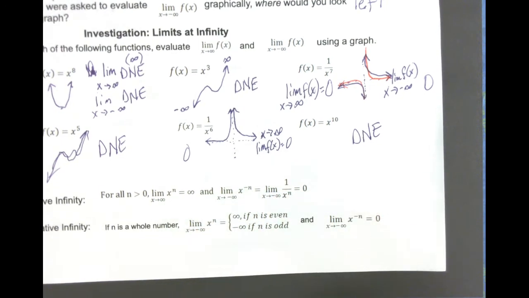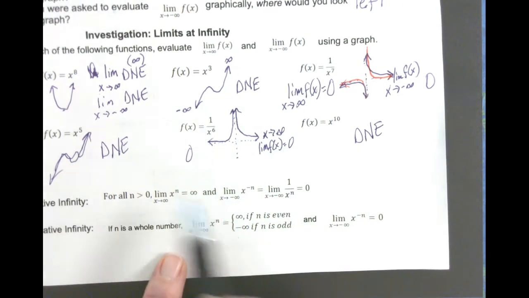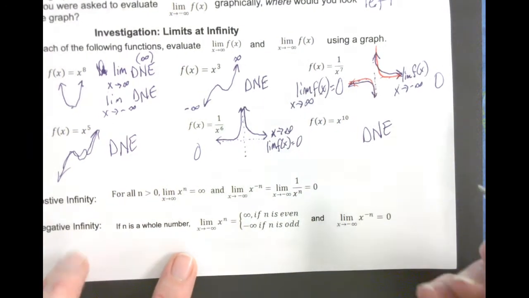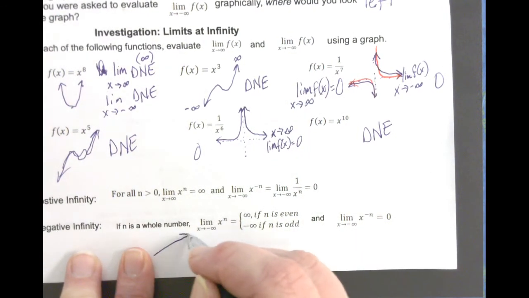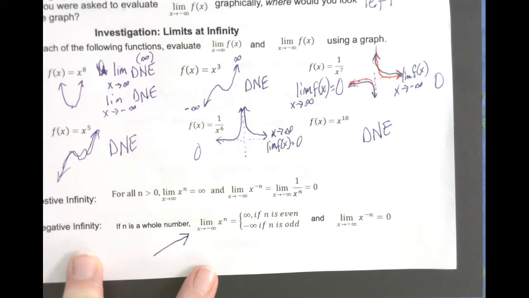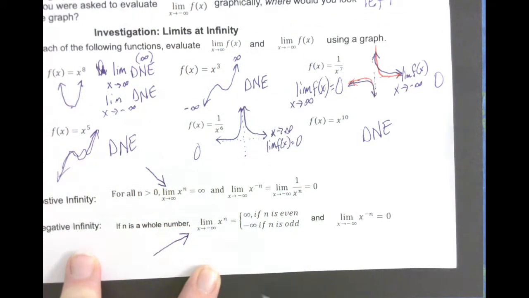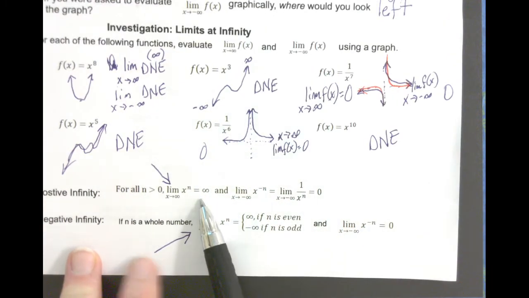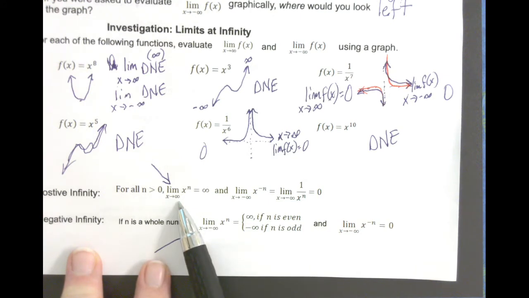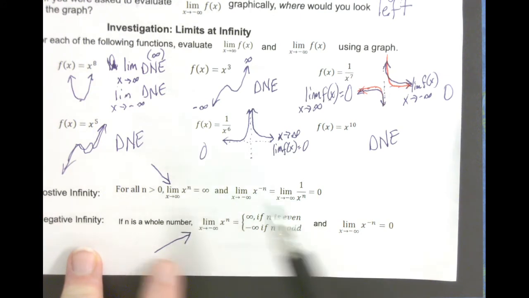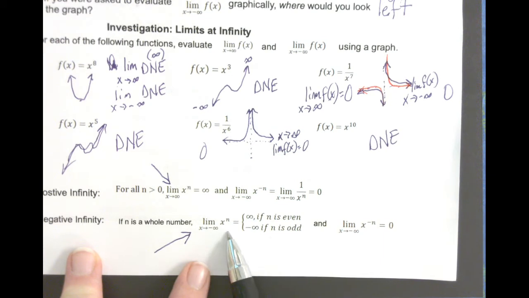So, what we just did right here is this. If you have x raised to a certain power, then the limit to the right is 0. The limit to the left depends on whether the function is even or odd.